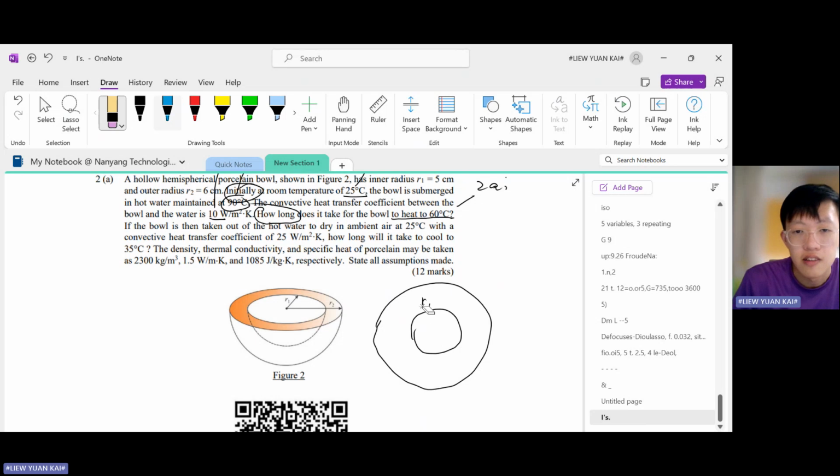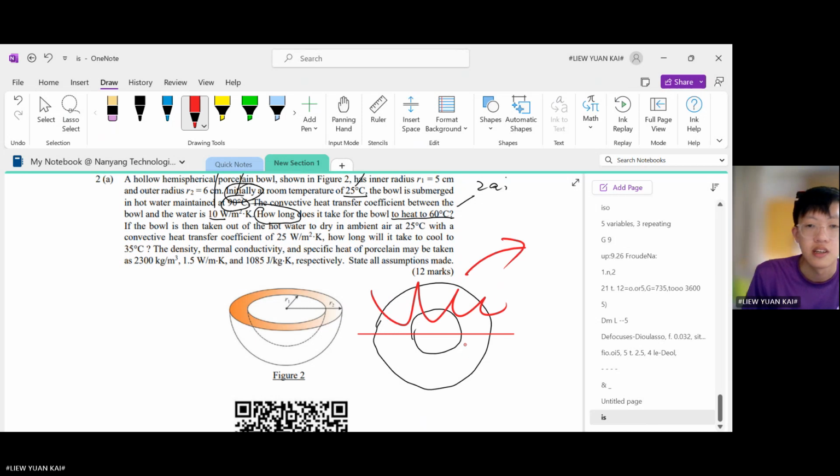To achieve the hemispherical bowl, you need to slice this in half and get rid of the top. Throw it away. Then what you're left with will be the bowl, which refers to the shape in figure 2.